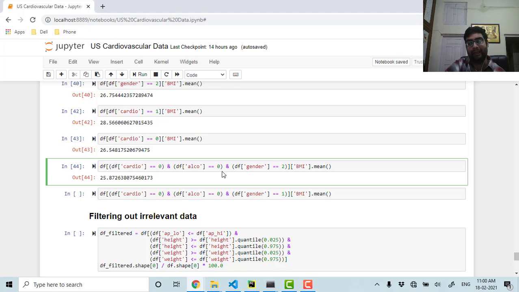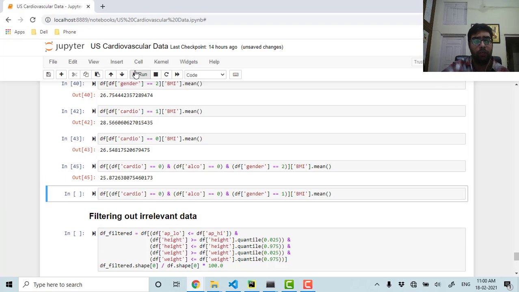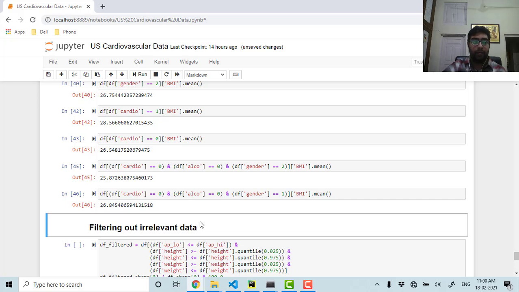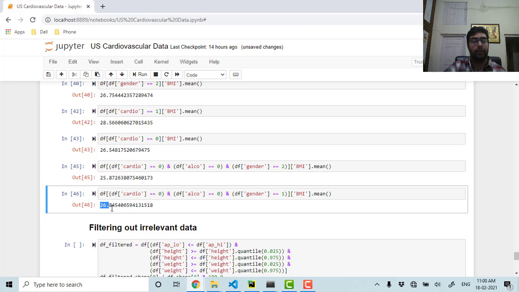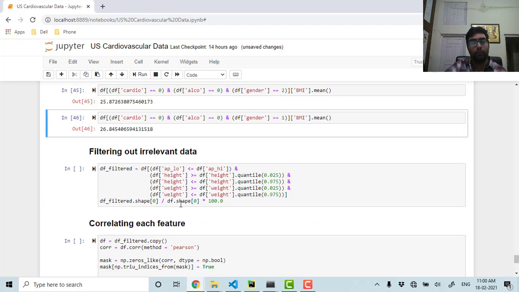So not intaking alcohol is beneficial for not having cardiovascular disease. We can figure out similarly for women that a healthy BMI is 26.8 for women who do not take alcohol and do not have any cardiovascular disease.